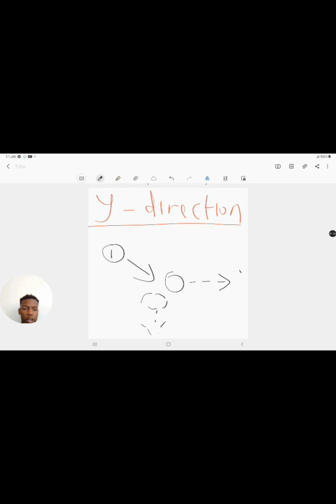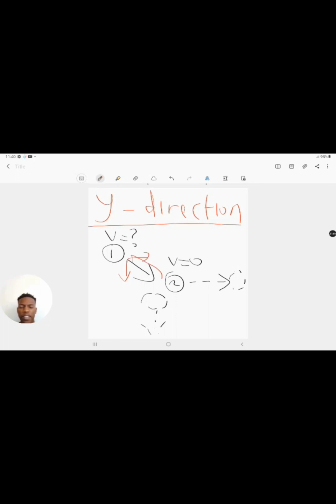This is ball number 2. Ball number 2's velocity initially was 0. Ball number 1 had some velocity which we do not know, in a direction we are not wanting to look at. We want to look at two directions, the x and the y.